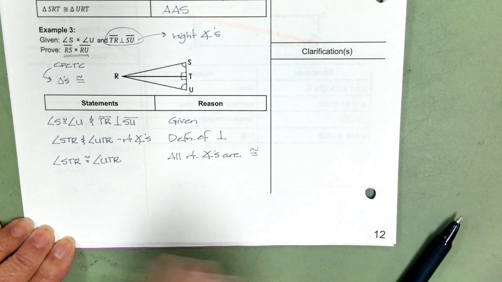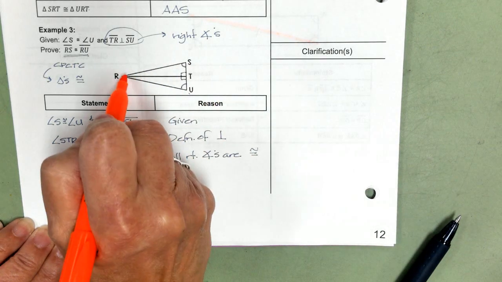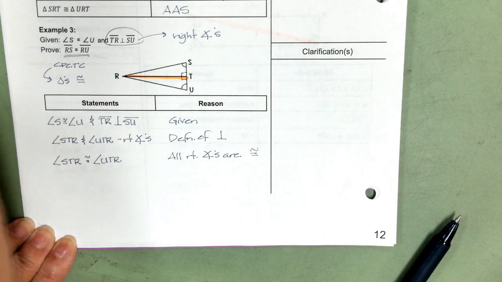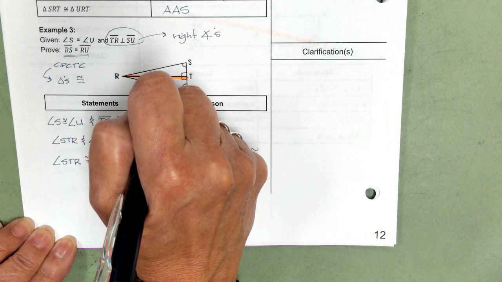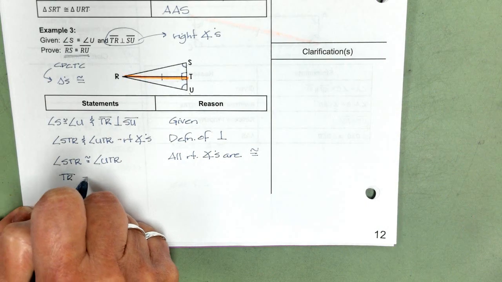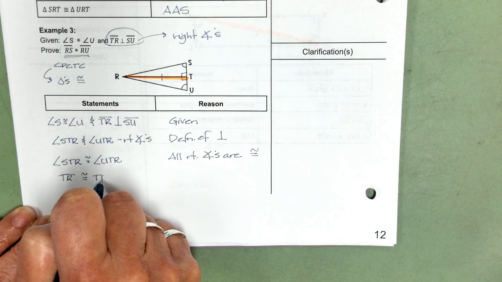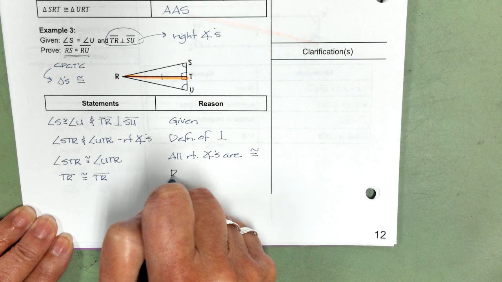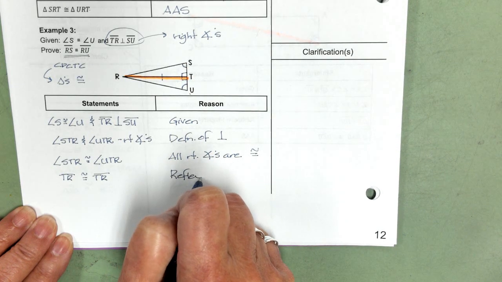Okay. Looking back at my diagram, I have a shared side which will be congruent under itself. So TR is congruent to TR by reflexive property.